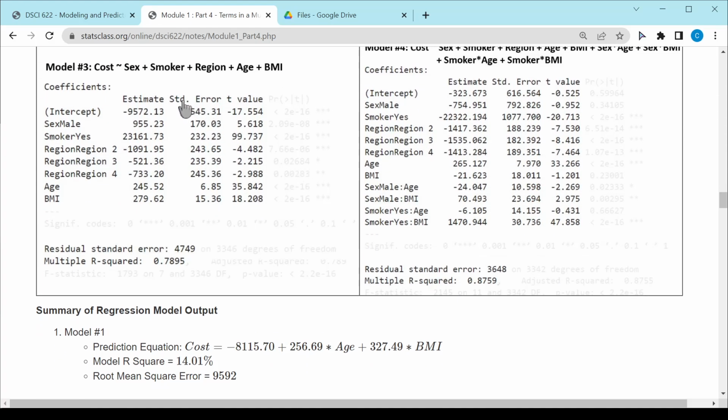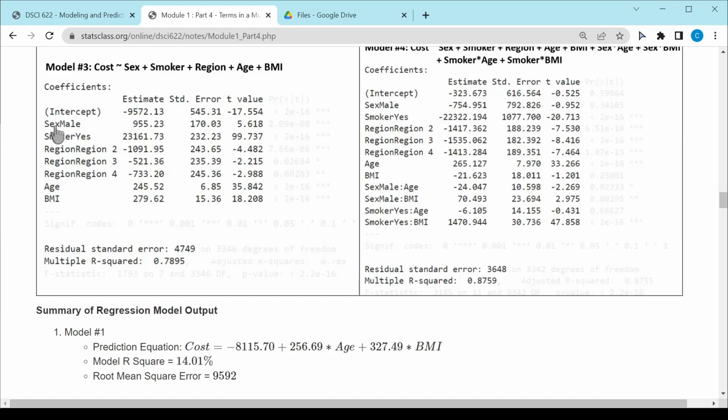Here's model number 3, where I have the categorical variables present and the 2 numerical variables. I alluded to the fact that you need to understand how the indicator terms or dummy terms are put together. So here in this model, notice that I do not have a sex female anywhere listed under my estimates.